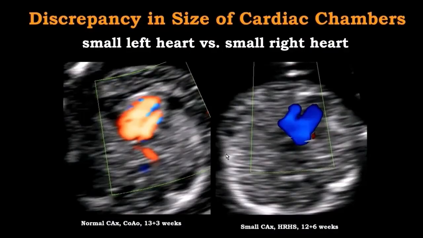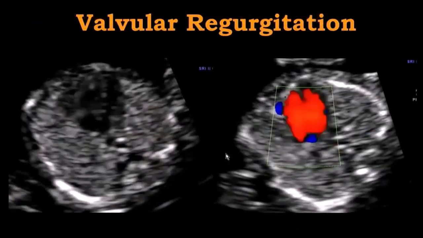Here you can see early detection of coarctation and hypoplastic right heart syndrome. Again, the four-chamber view will allow you to see the septum, and even if the cardiac axis is okay, you can clearly visualize the discrepancy in size of the cardiac chambers.